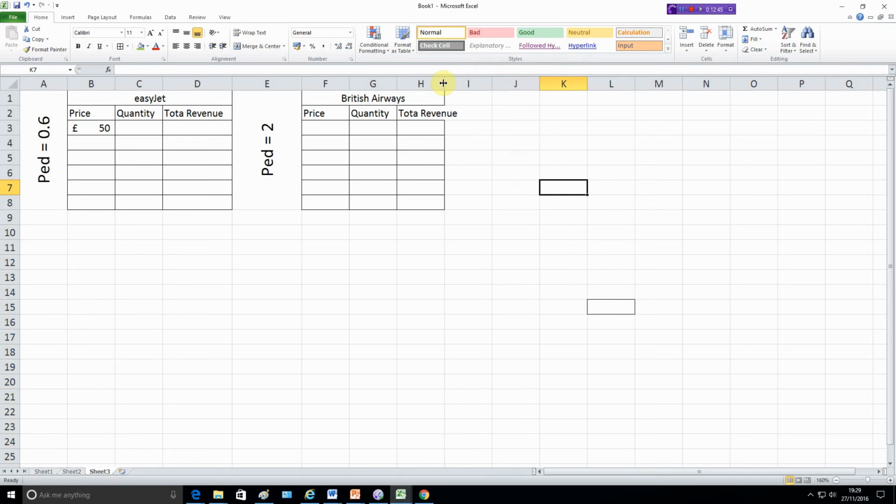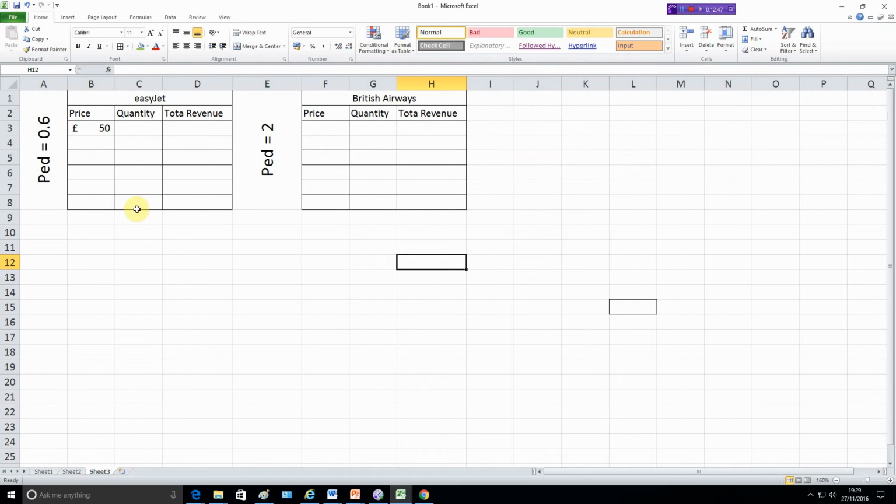At £50, let's say the quantity sold by EasyJet, number of seats, is 1,000 seats in a week. So what would be the total revenue? 1,000 seats, for £50 each. 50,000. Well done. Or 50 times 1,000.